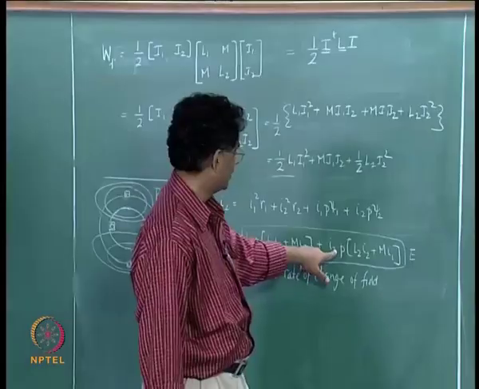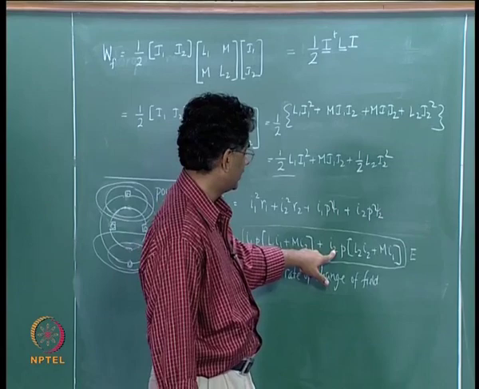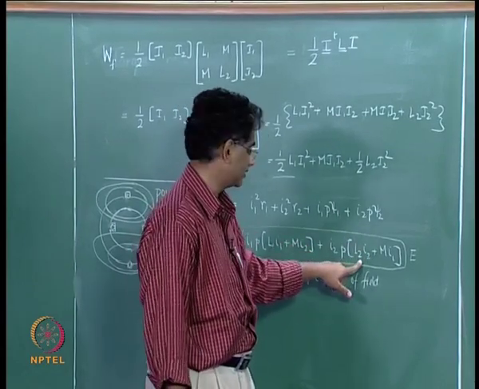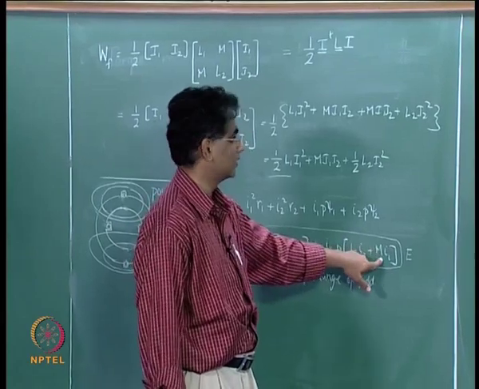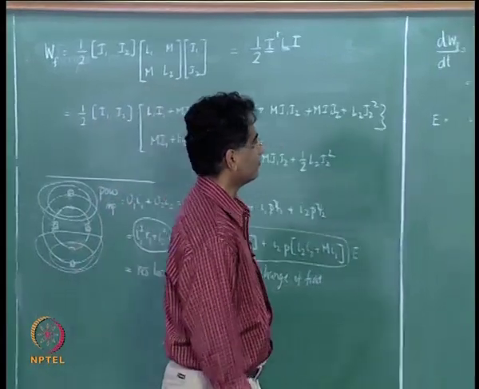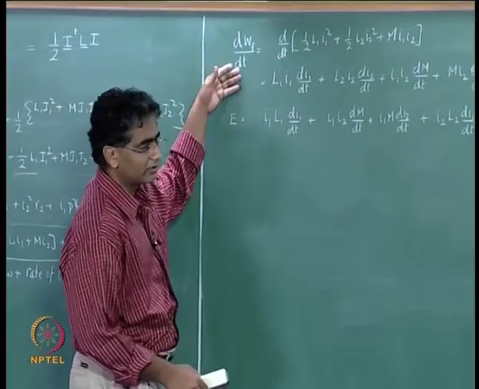Two terms come. And this one will have I2 L2 into di2 by dt because L2 does not change with respect to time, and this term will again give two expressions, which are listed there. So now we need to compare these two expressions.